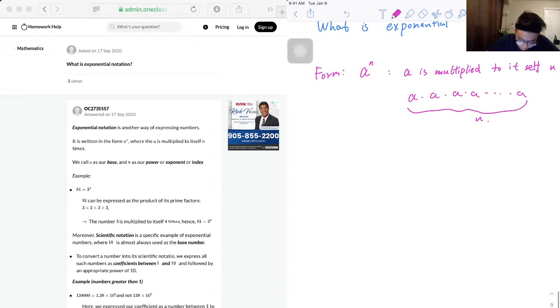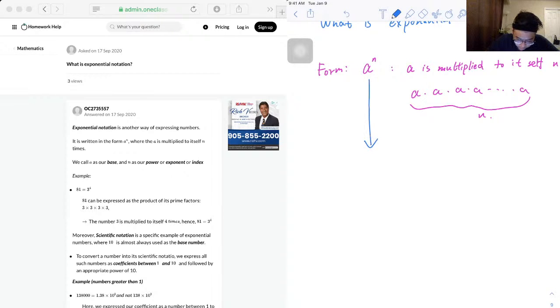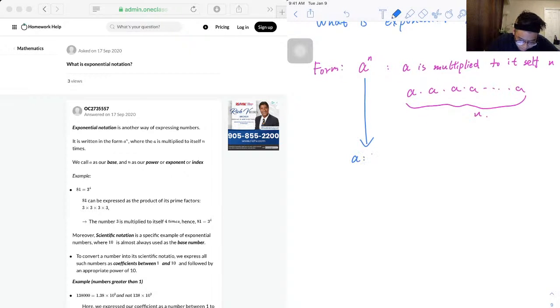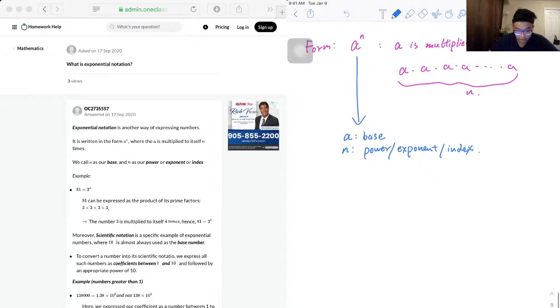And second thing is, in this case, a is what we call the base. n is our power, or exponent, or index. So the power, exponent, or index. Right.